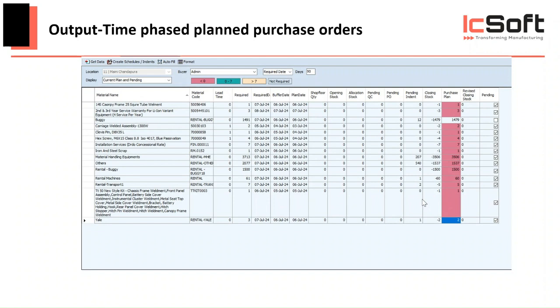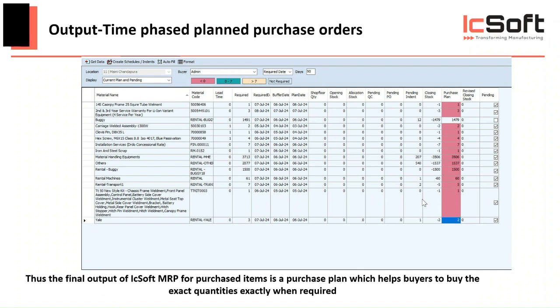One output of MRP is for purchased items, which is a purchase plan, as we can see here in this column. This purchase plan helps the buyers to buy exactly the quantities which are needed, of course, modified by the order modifiers, as well as when these are required.